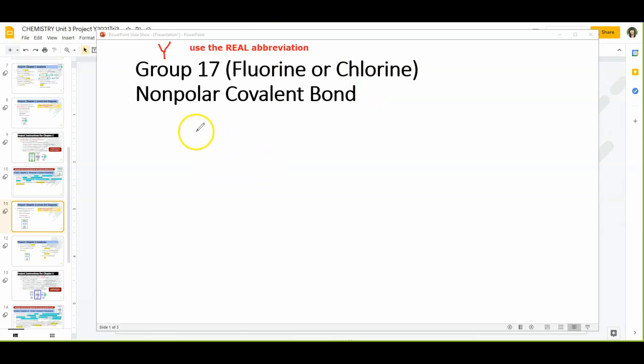Let me draw it out though. Here is my Y. Here's my Y. Again, I have two identical nonmetals. In your case, it would be F and F or CL, CL. This is step 1. We need to draw out their valence electrons. Remember, they're in group 17, so taking a look at that last digit, they must have 7 valence electrons.